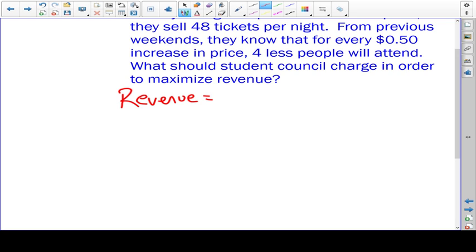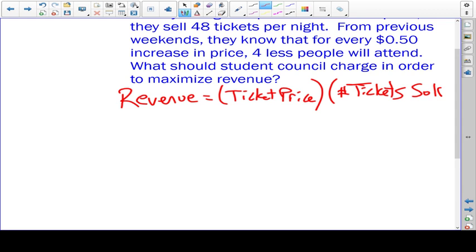In this case, it's going to be the ticket price times the number of tickets sold. Okay? The ticket price times the number of tickets sold. That's going to give me the revenue.